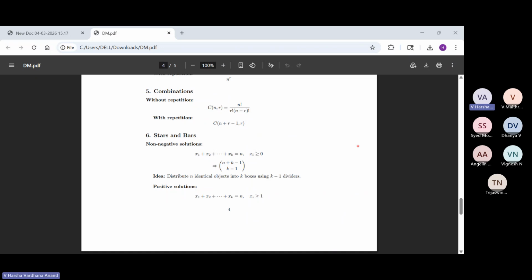That is, the number of bars is k minus 1, which is 2. So the formula for that is n plus k minus 1 over k minus 1. This bracket essentially means the C of n, r formula, where the top part is n and the bottom part is r. That will give you the solution.